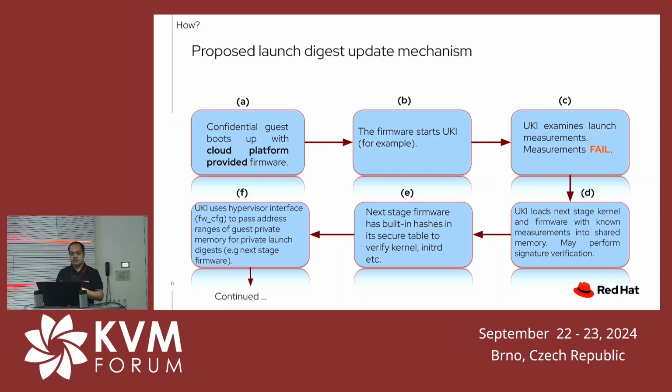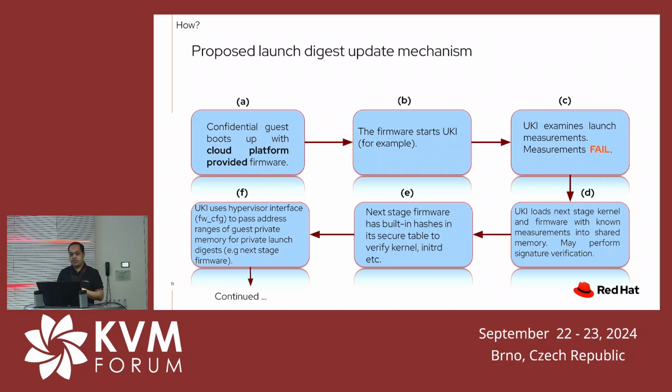So that's one thing. And then what happens is that the UKI loads these launch measurements into memory, and it tells the hypervisor where it loaded them, so the addresses and the size.